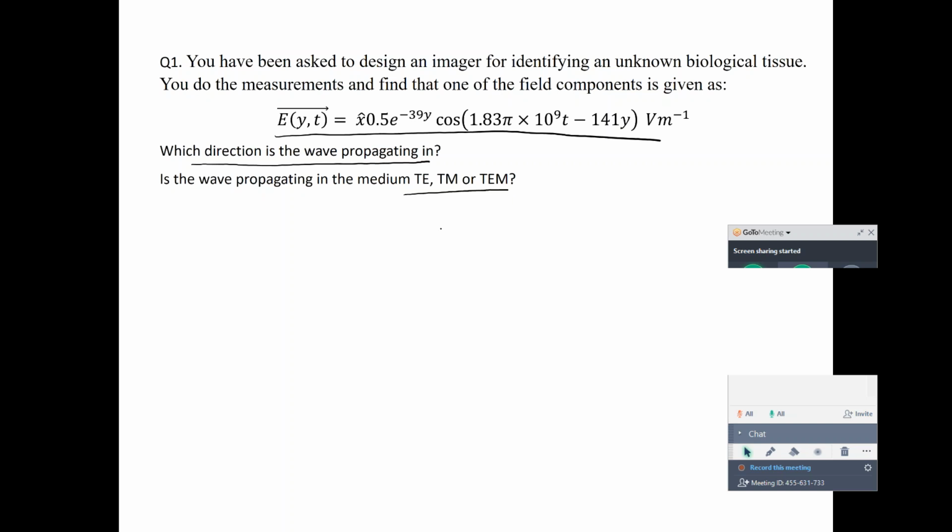Why don't you think about it for 30 seconds and let's see if somebody can give me the answer. So the first question, which direction is the wave propagating in?